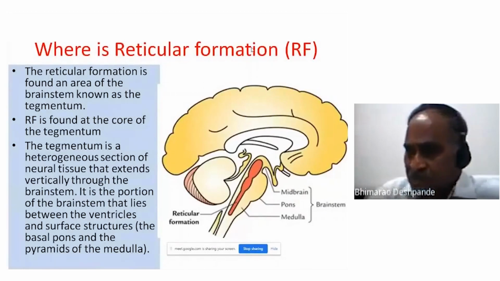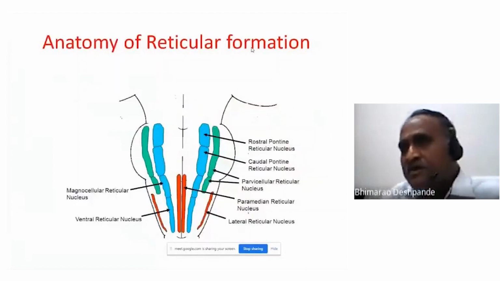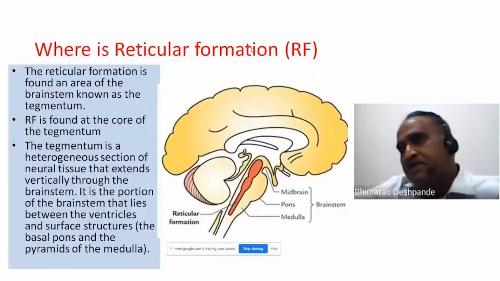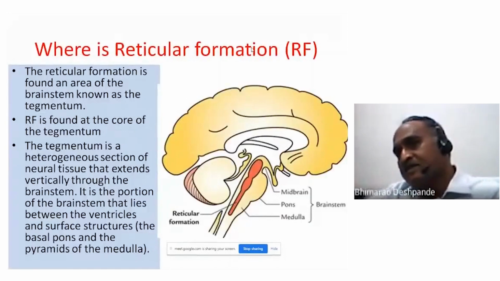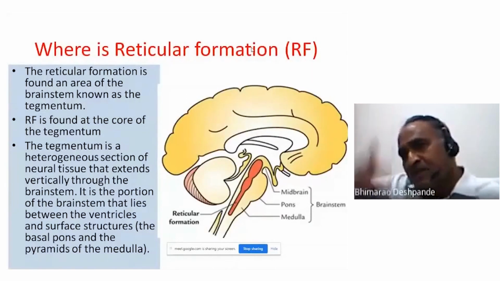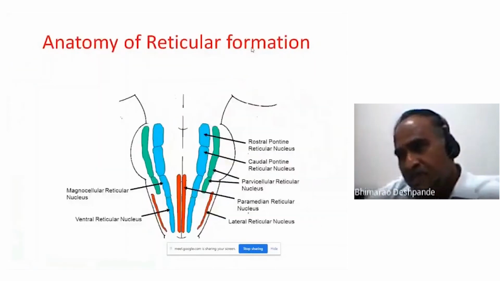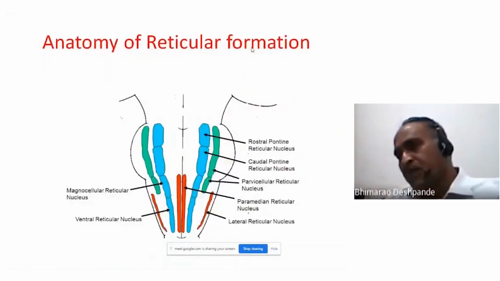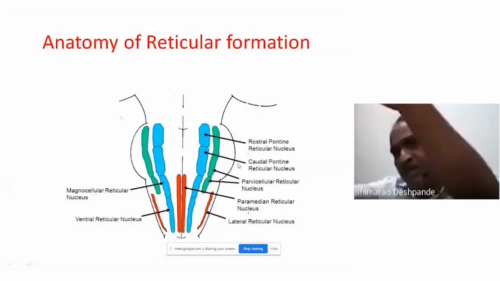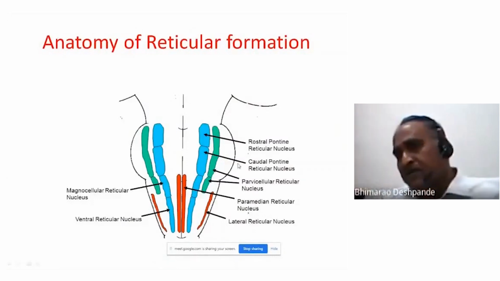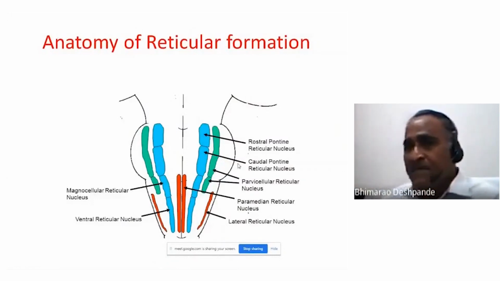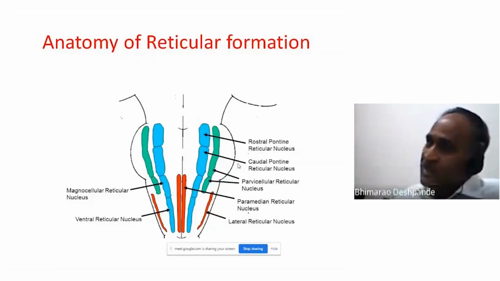Okay, so now move on. If you are going back, this is the lateral or sagittal section. If I take the coronal section, this is the midbrain structure, and you see the reticular formation in the green and red labeled areas.